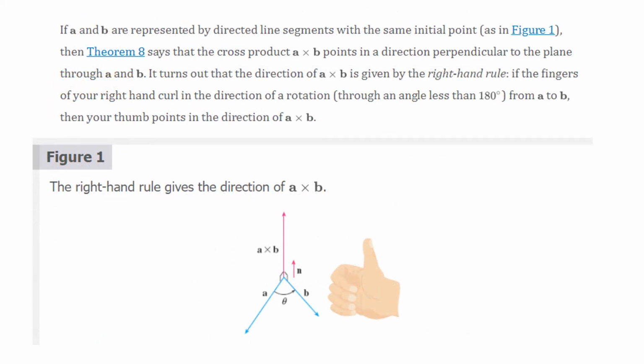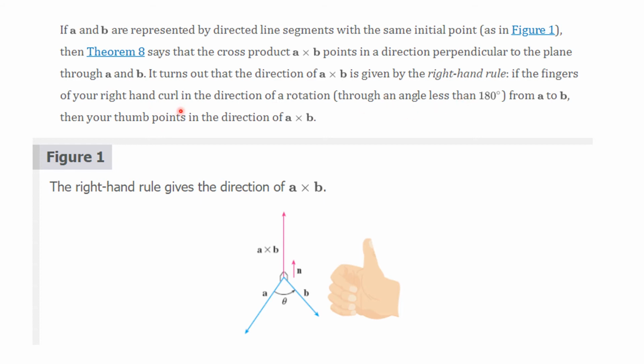Now, if A and B are represented by directed line segments with the same initial point, we're showing it down here, so it's A and B like that, and you've got an angle theta in between them, between 0 and pi. Since the answer is a vector, it has to have direction. Now you know it's perpendicular, but it could be going up or going down. And so it turns out that the direction of A cross B is given by the right-hand rule.